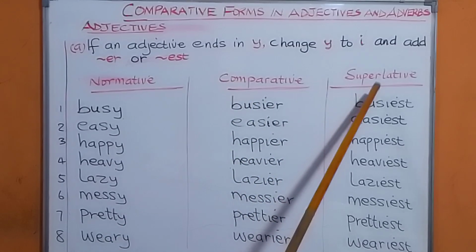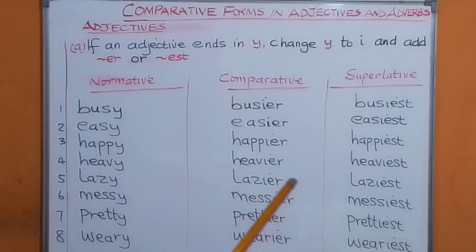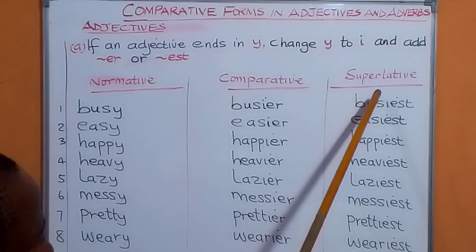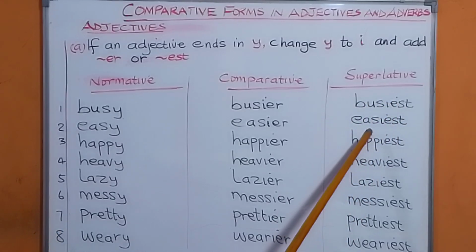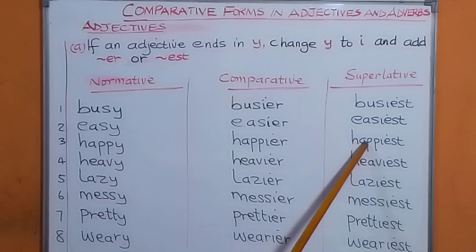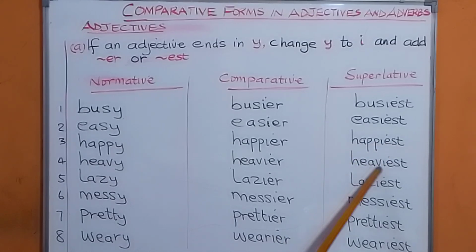Now, look at superlative. Remember, the word the is common with superlative. This is the busiest road. My work is the easiest of all. My father is the happiest of all the men. This road is the heaviest of all.